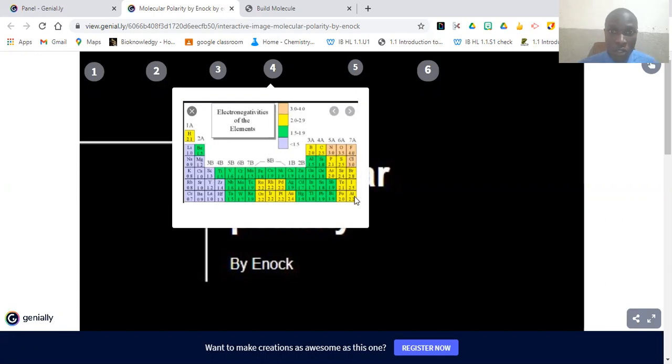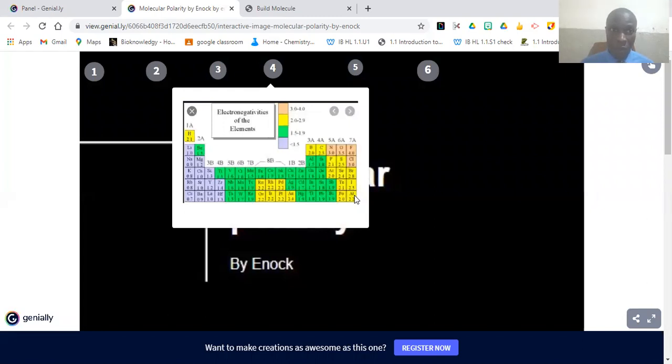So as you move down, the electronegativity definitely decreases. If you're given some molecules and you have your periodic table, you can easily tell that the one at the top is more electronegative, and those that are down are less, or their electronegativity keeps on decreasing. That is an aspect that you must have in your mind.